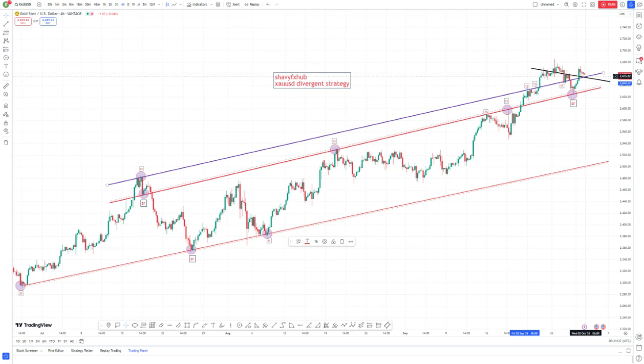A return to this level will be a double confluence. What makes it a double confluence? From the upside, we have a resistance structure, a resistance structure, a resistance structure. Break out from a resistance structure, return, respected.